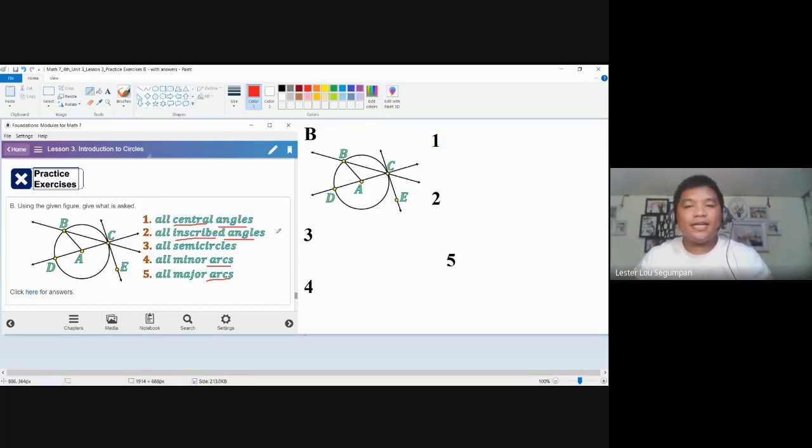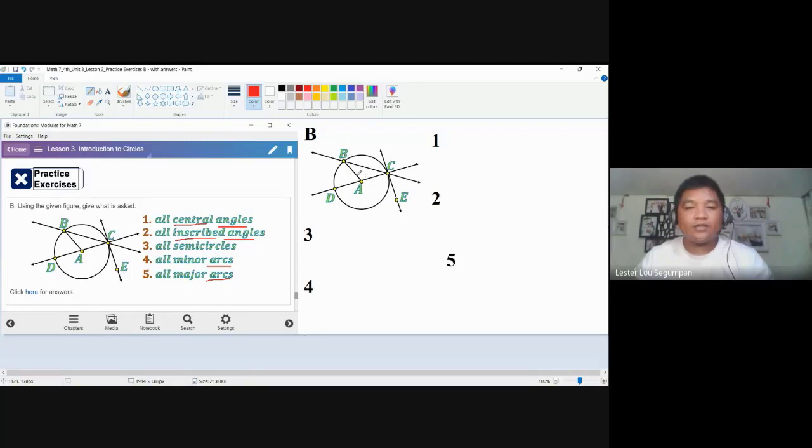If we talk about central angles, for number one, from the name itself, central, it is an angle wherein its vertex is the center of the circle. The center of the circle here is at A, that's why it's also known as circle A. So the angles formed with this as the vertex are considered to be our central angles.